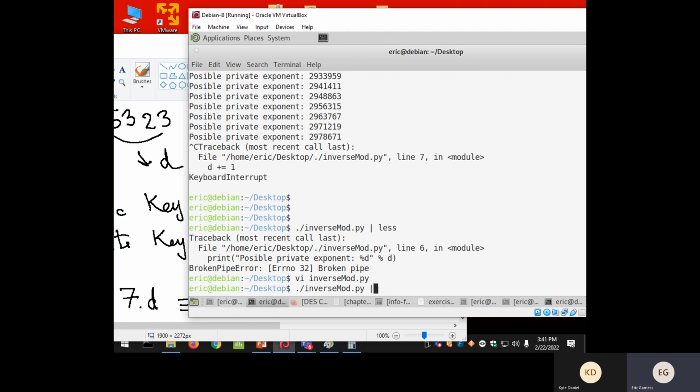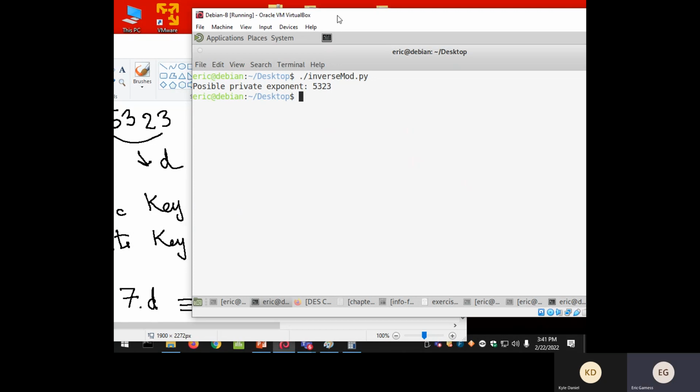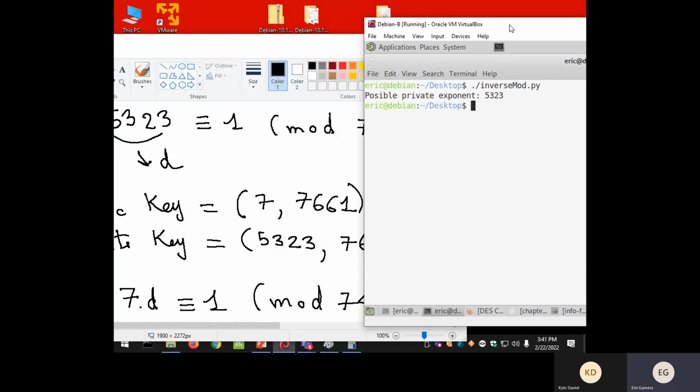So if I run it, I don't need the less anymore. Here it is, the smaller one. So any D is okay. Any D that verifies that. It doesn't mean that I have to choose this value. This is the smaller value. So I could have, instead of putting that, put the second value or the third value.